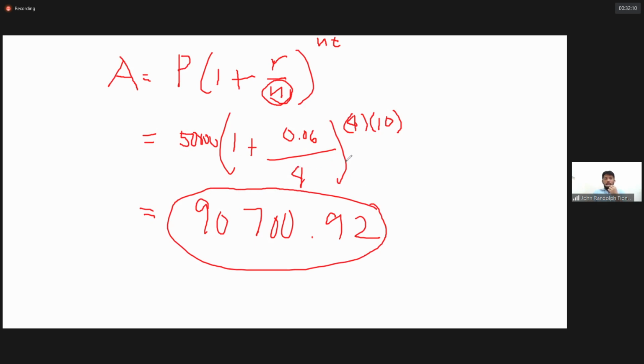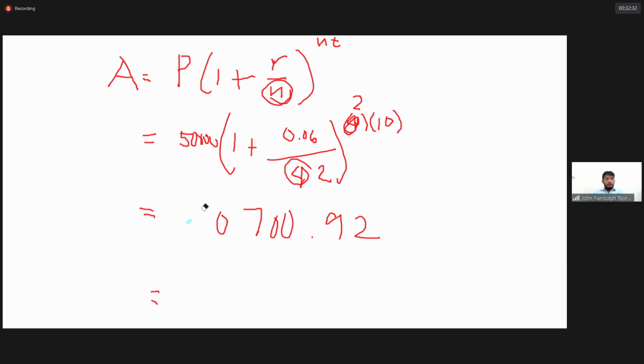So para malaman nyo, when you say semi-annually, itong 4 dito, papalitan nyo ng 2, kasi semi-annually. So less. Try to check what is the new value. Give me the new value.